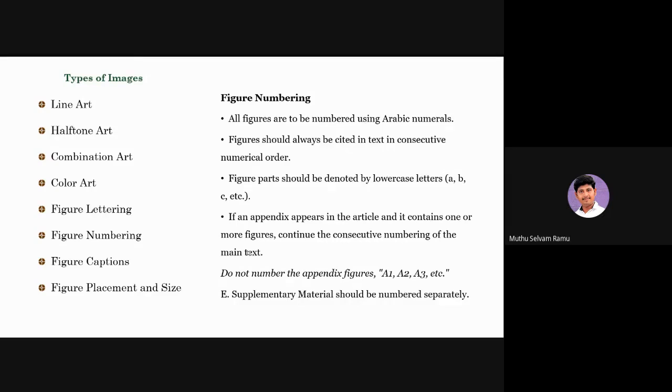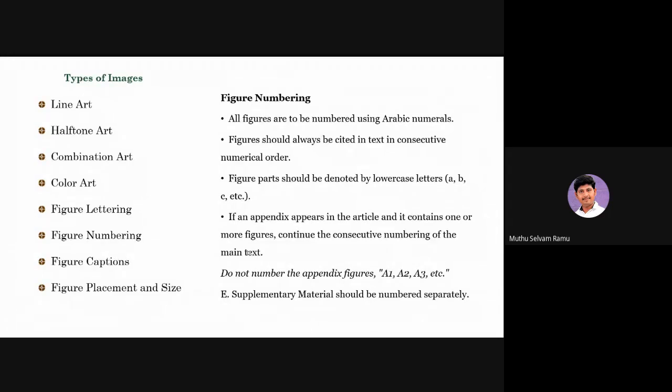And as I mentioned here in the highlights, in the italics, it should not be A1, A2, A3 for the appendix figure. Appendix figures should follow the norm of figures, meaning follow the main figures. If the main figure ends with 3, then the appendix figure should start with 4. And it is important to cite the figure in the text.